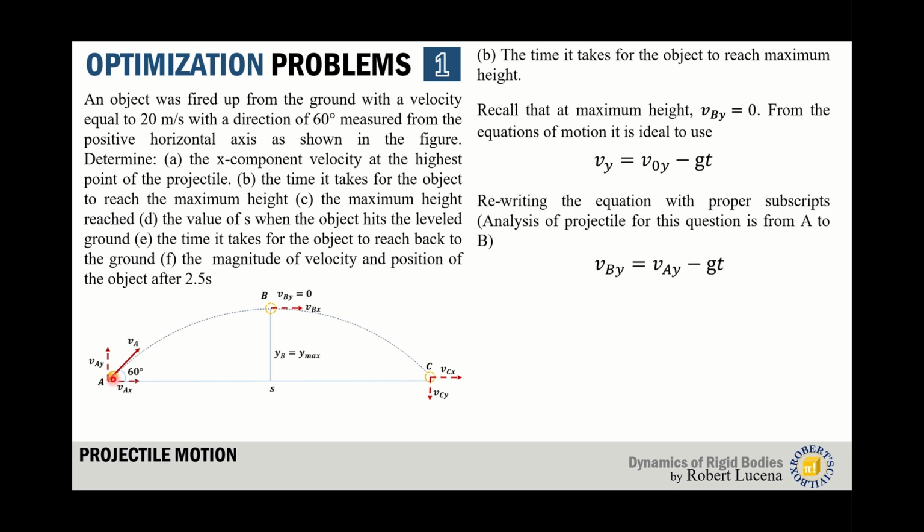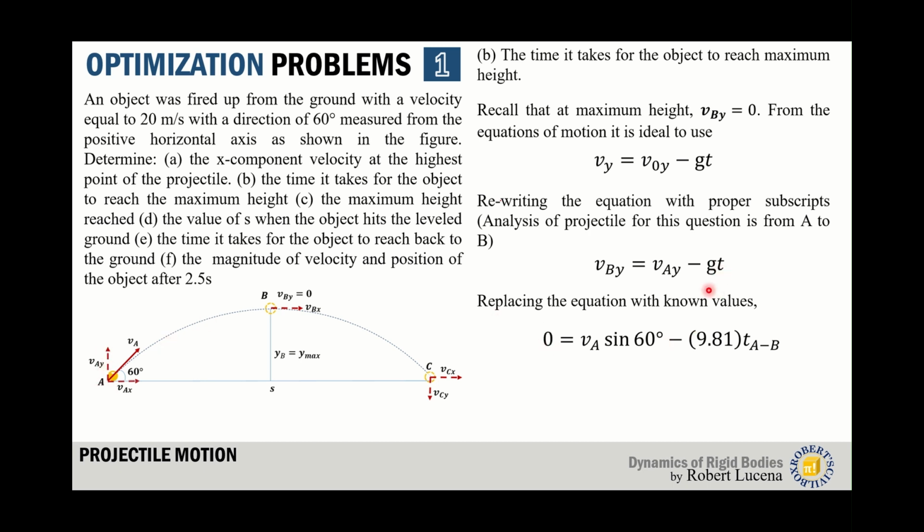So rewriting this equation, I think it's better to rewrite your equation so that you can easily identify which values of velocities you are going to substitute. The initial value is Vay, and the final value of velocity is Vby. Again, Vby is equal to 0, and Vay is simply the y component of Va.